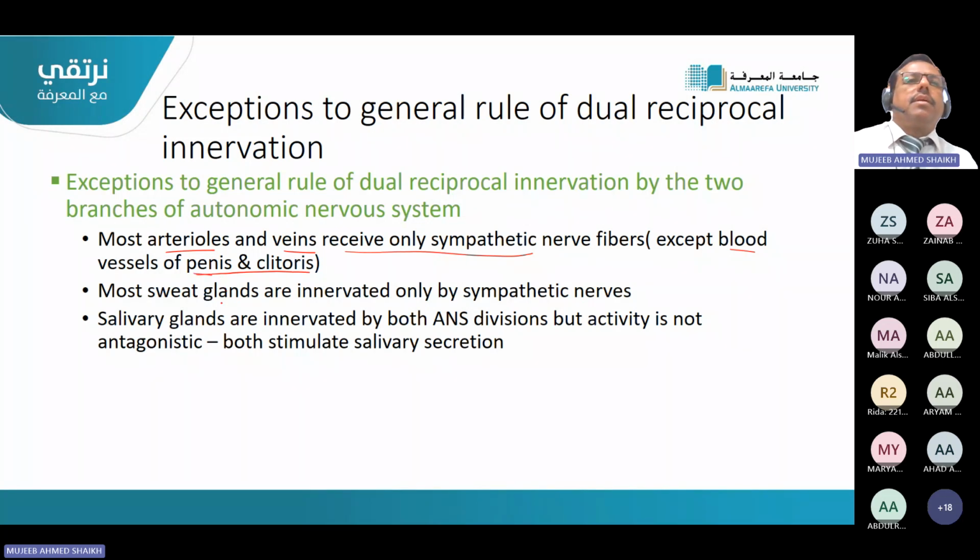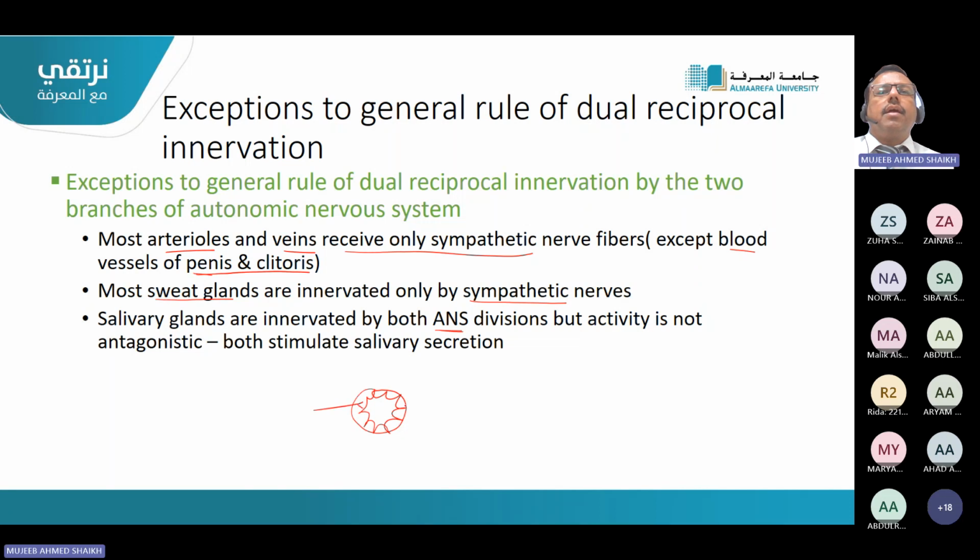Sweat glands are innervated only by sympathetic nerves. Salivary glands are innervated by both autonomic divisions, but their activity is not opposite to each other.